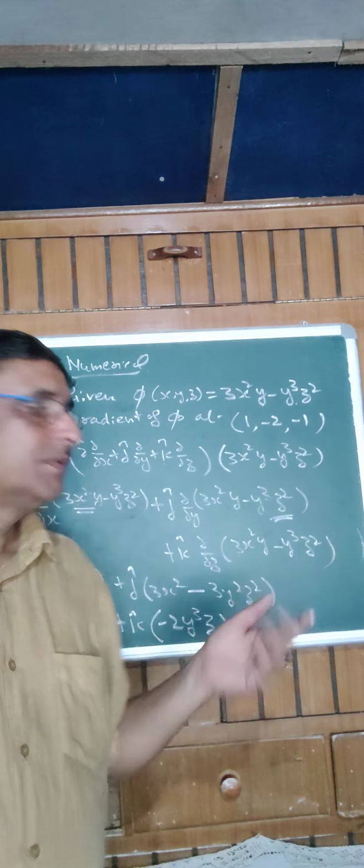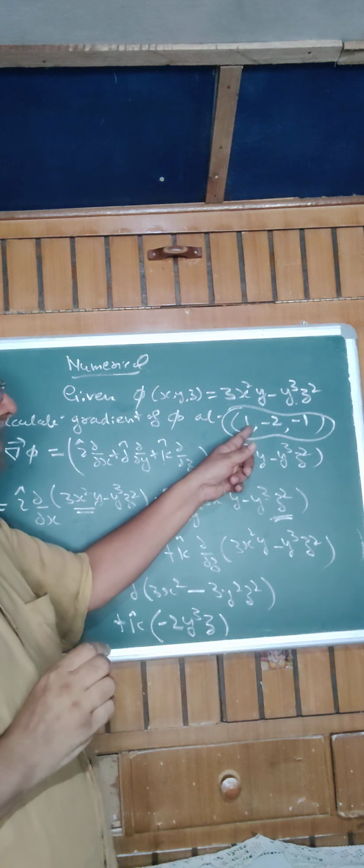This is del of phi. Now you put in the values: instead of x write 1, instead of y write -2, and z is -1, and you get the final answer.